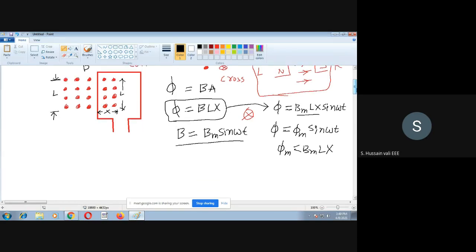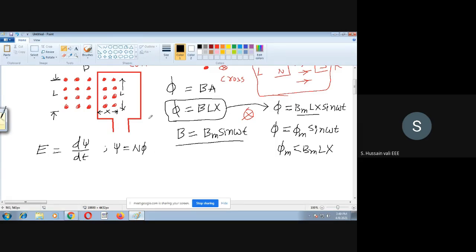Once we got this, now what does Faraday say? Faraday says that the EMF induced is the rate of change of flux linkages, so d psi by dt, where psi is n into phi.